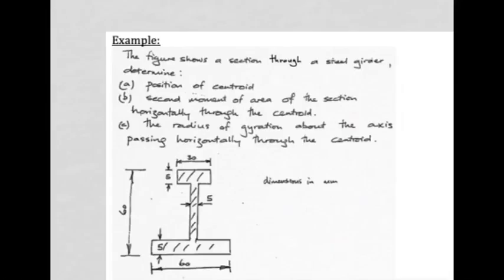Now, to illustrate that concept a little further, let's look at a real-life example of a beam that is in bending. Here is a cross-section through a beam with some dimensions in millimeters given, 30 millimeters, 5 millimeters, etc. This could typically be a beam in a factory roof, simply supported at two or more points, and then point loads or uniformly distributed loads, whatever it is, applied to the beam such that the beam experiences bending.